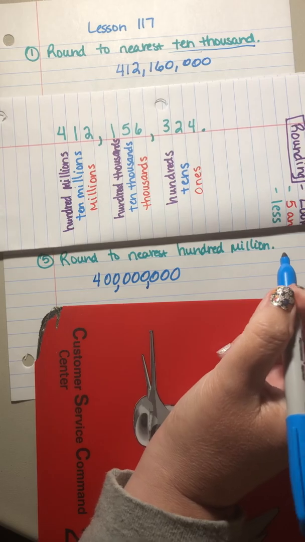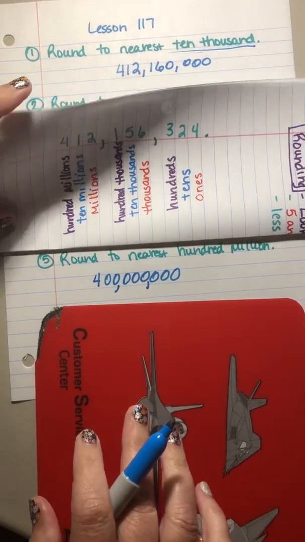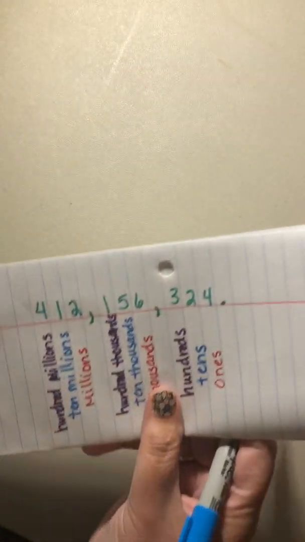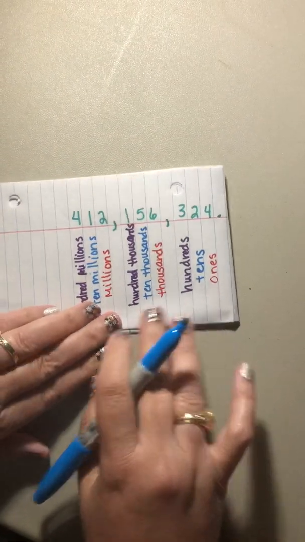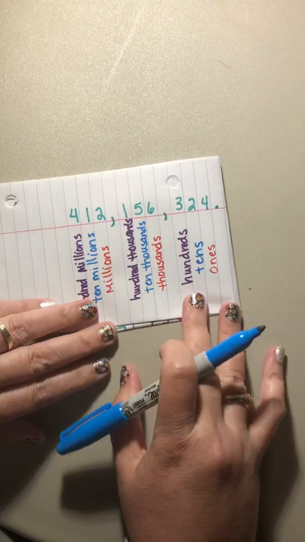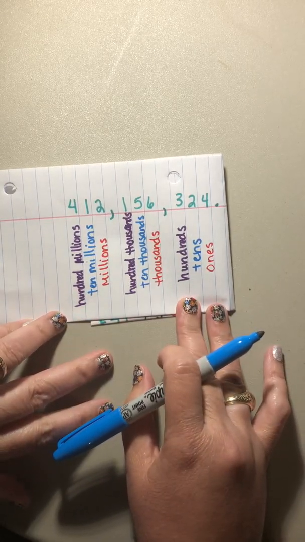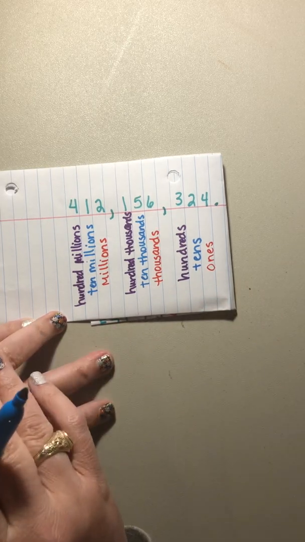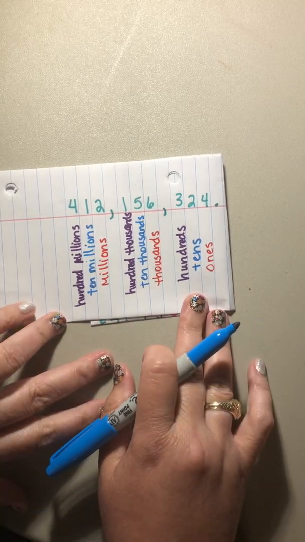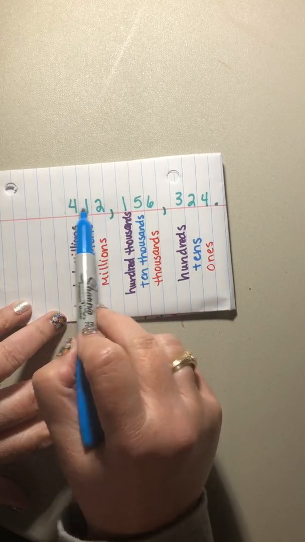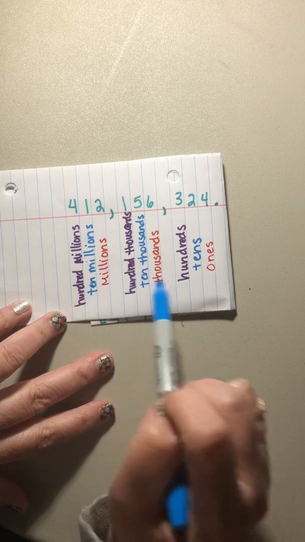Okay? So I'm going to take all this away for a second, and I'm going to fold this where it's neat, and I'm going to leave this on the screen for a minute so that you could either take a screenshot of it if you need it, or you could pause the video and copy it down to help you, because your practice problems are going to give you different numbers every time to work with.